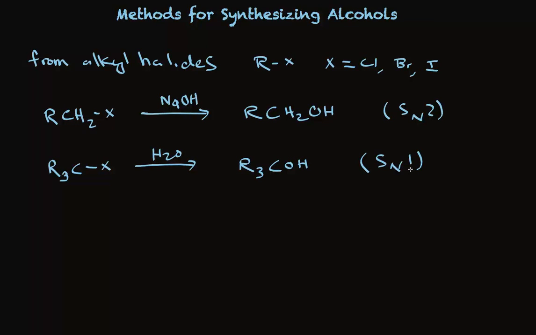And notice that this is a primary alcohol. This is a tertiary alcohol. And we're not saying that this is a good way to make secondary alcohol, so put that away. This isn't something you would want to do for most secondary alcohols because elimination is a significant problem.